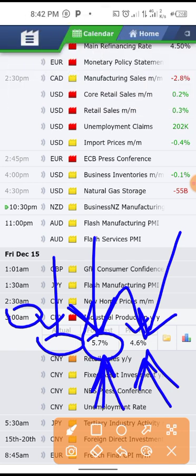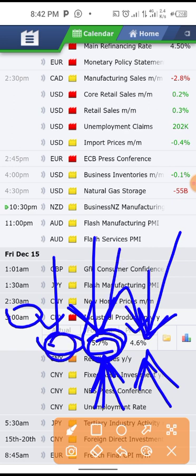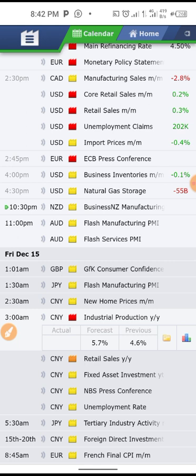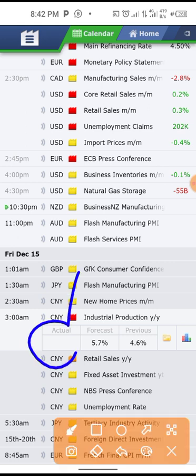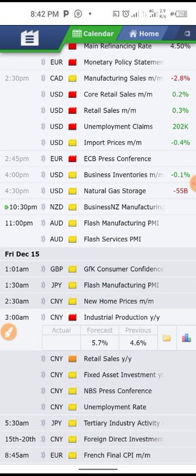Most times, it will be in line with the forecast. Like the forecast is above the previous, so most times the actual news will be above the previous, just like the forecast is saying. But sometimes the actual news will be against the forecast.